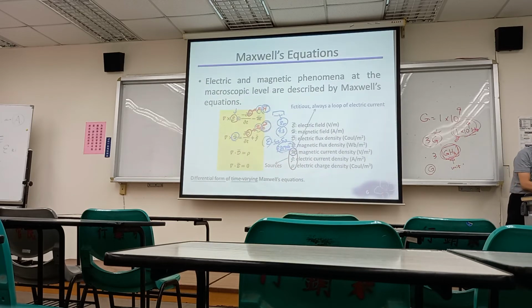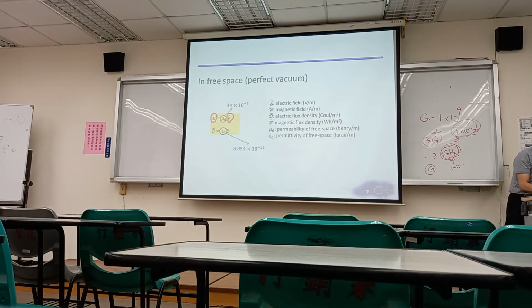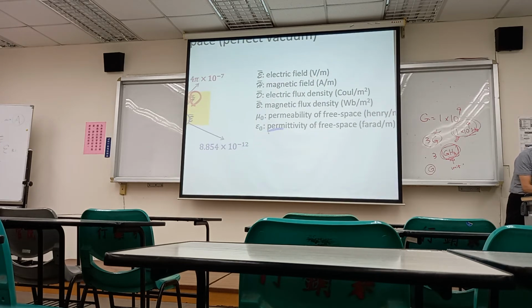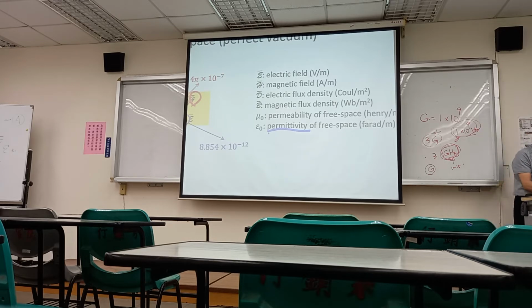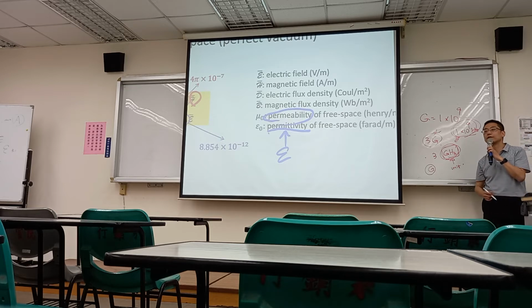What's that? We call that permittivity. This is epsilon, permittivity. And mu is permeability. Very similar.